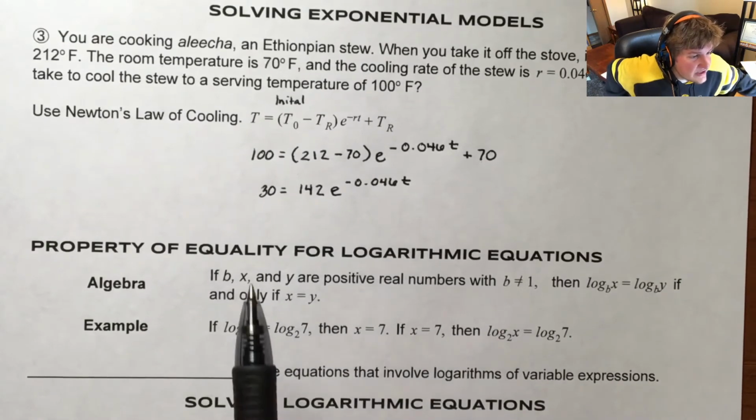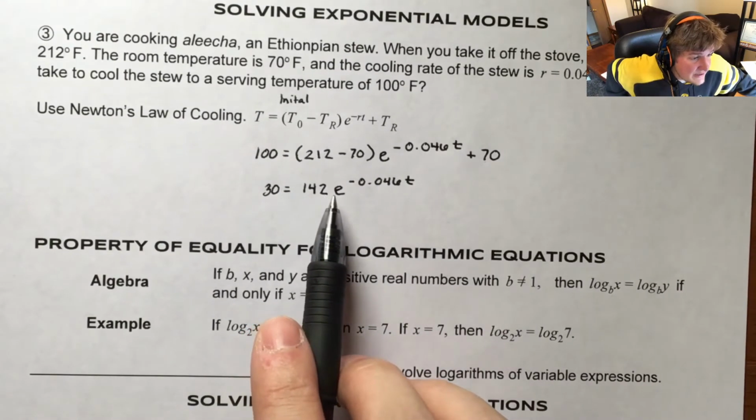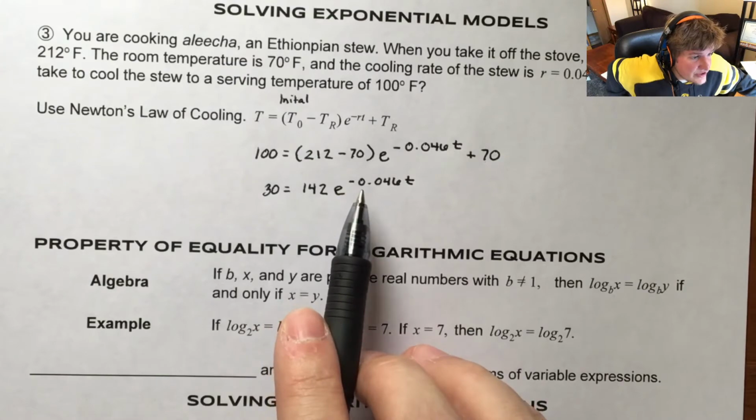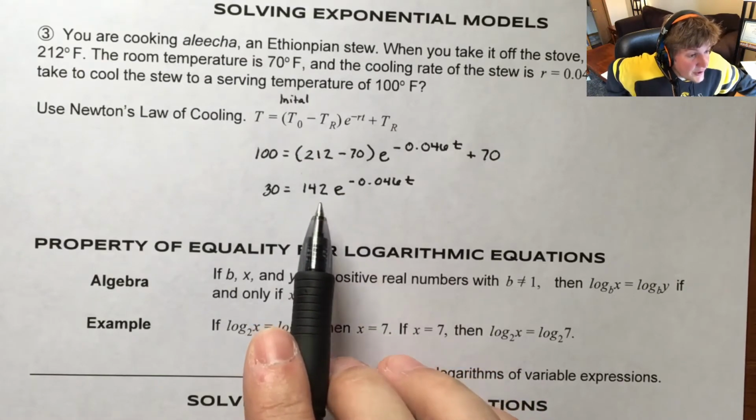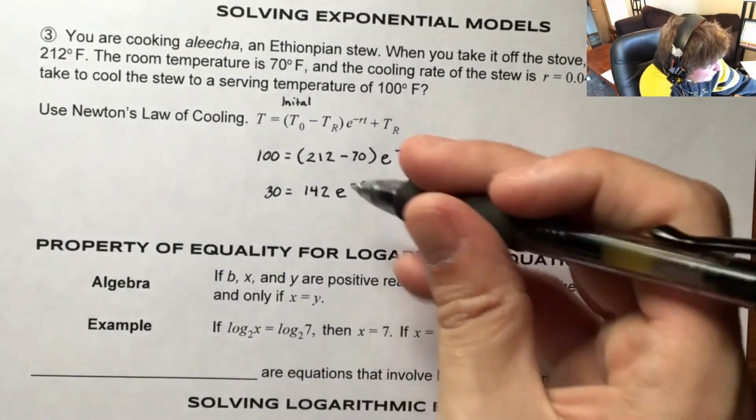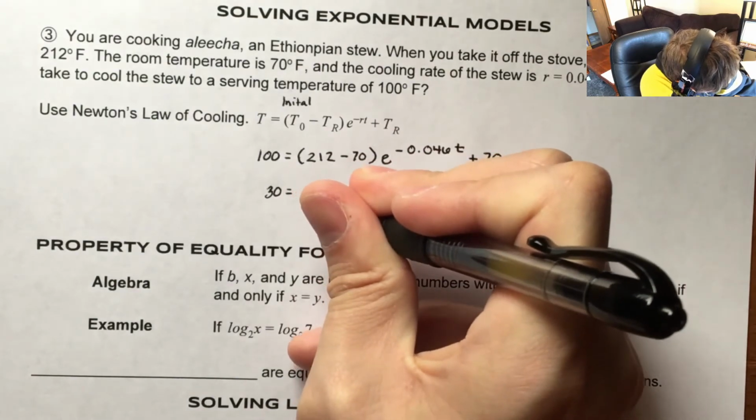So in this situation, we have 142 times e to the negative 0.046 T. If you wanted to get that by itself, you would divide by 142.